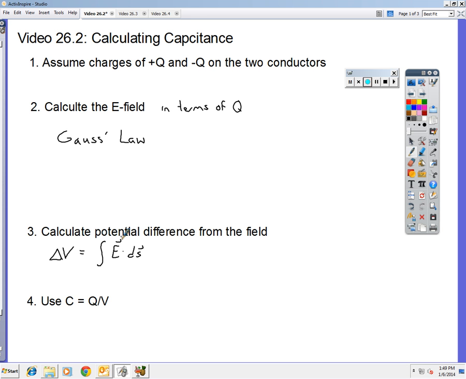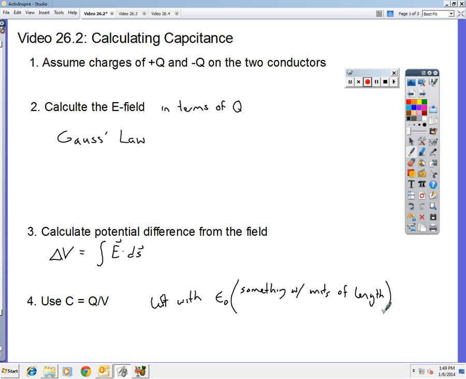The result is that the Q's are going to divide out of the equation, and you'll be left with the permittivity constant, epsilon 0, times some quantity with units of length. In the case of the parallel plate capacitor, that was the area divided by the distance.